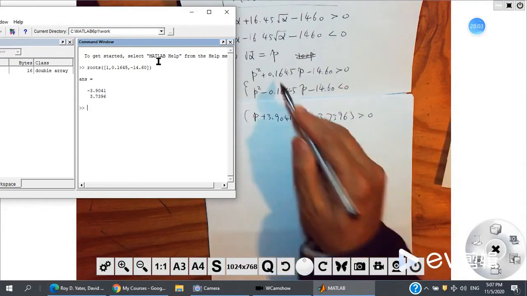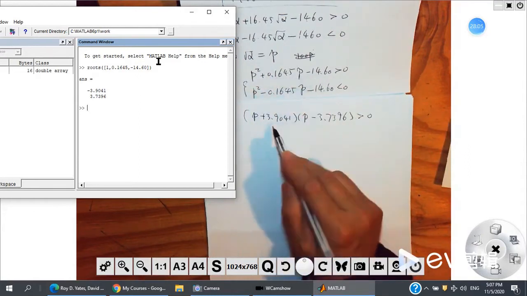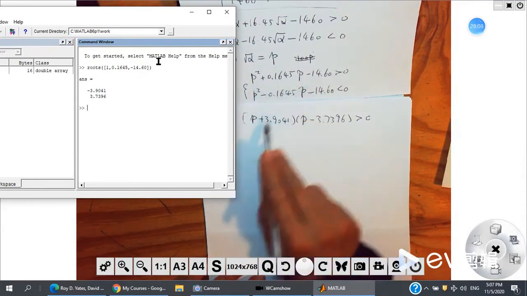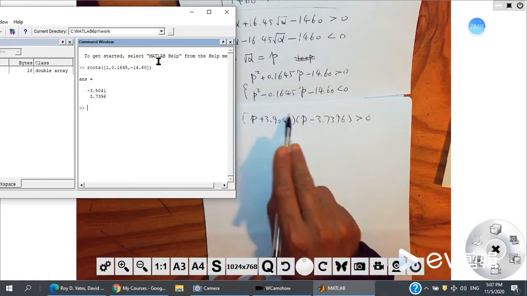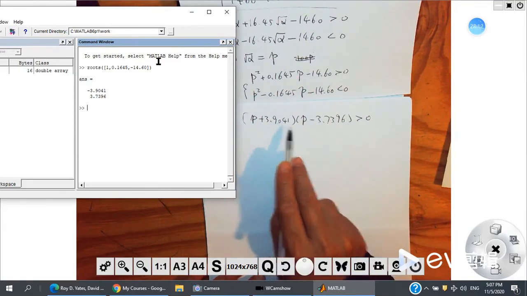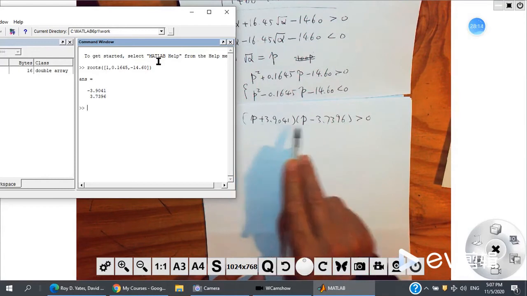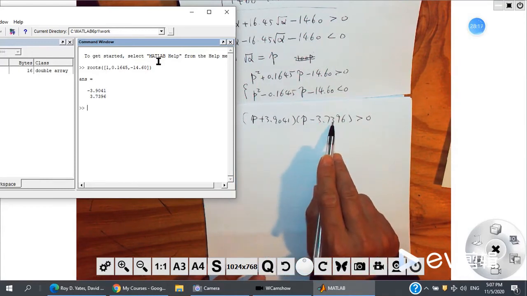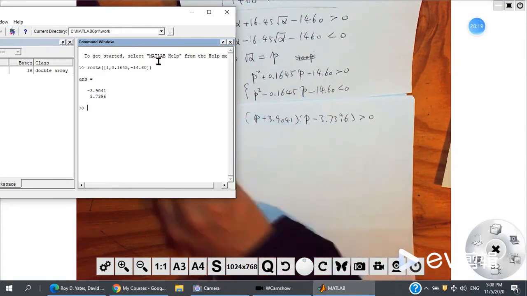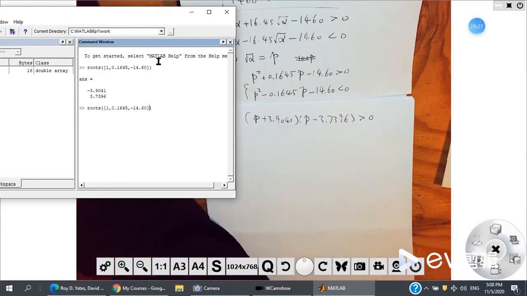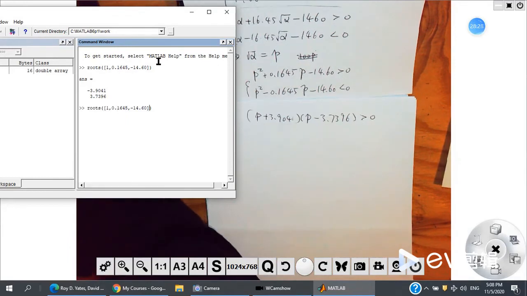When you have the roots of a polynomial, you can write the polynomial in this way. Negative 3.9 is a root, and positive 3.73 is another root. This is the first one. For the second one, the coefficient of P is negative, and the constant is also negative.